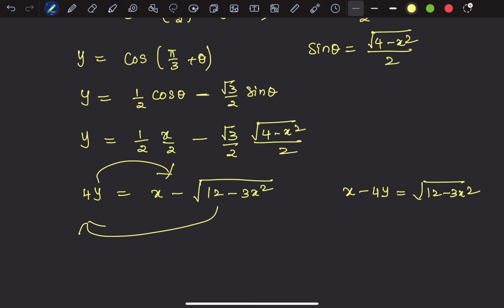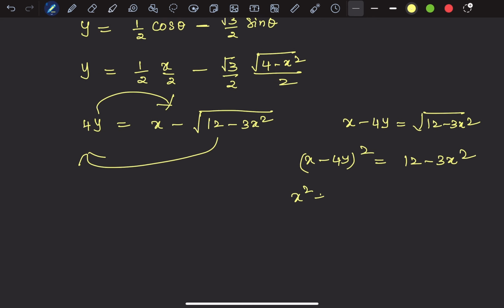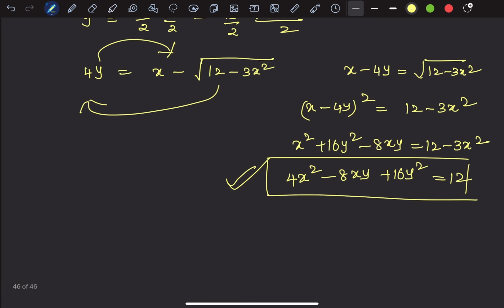Squaring on both sides, x minus 4y whole square is equals to 12 minus 3x square. So this is x square plus 16y square minus 8xy is equals to 12 minus 3x square. So bring all the terms to one side and then you'll get 4x square minus 8xy plus 16y square is equals to 12.